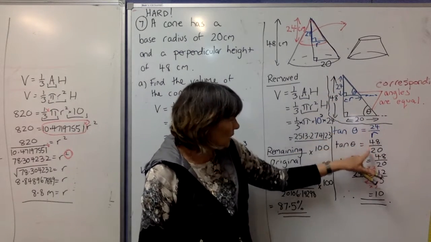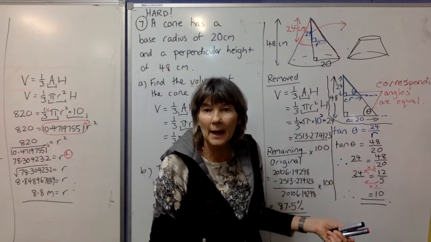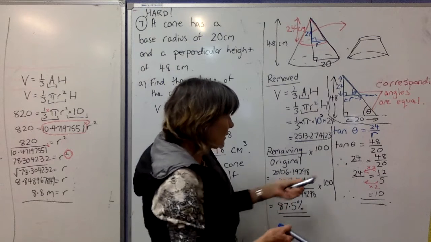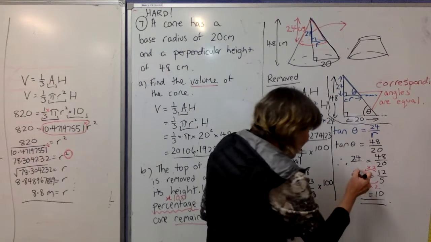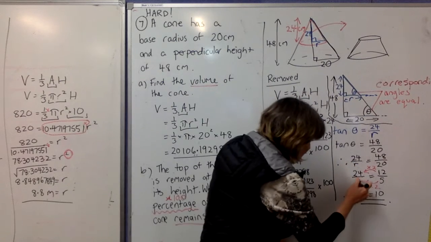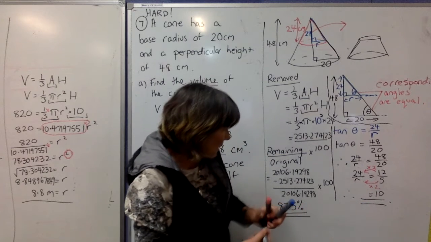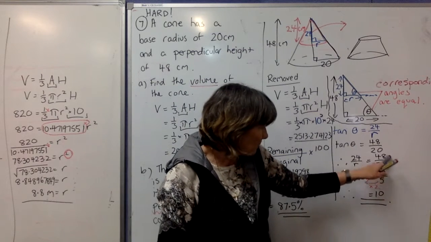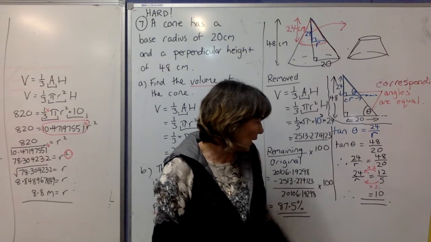So these two things must equal each other because they're both equaling the tan of the same angle. So we have 24 over R equals 48 over 20. Now all I've done in that next line, probably didn't need to do it, but I did anyway, is I simplified 48 over 20 on the calculator and it gave me 12 over 5.